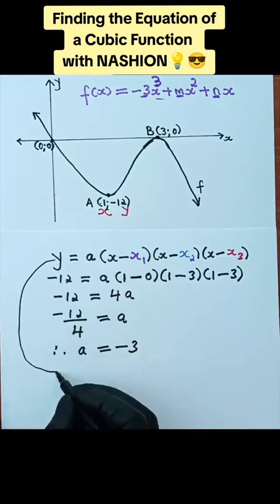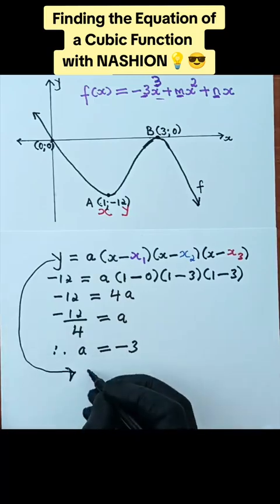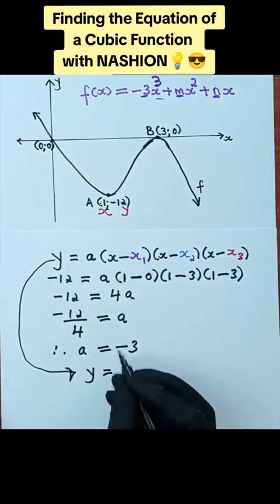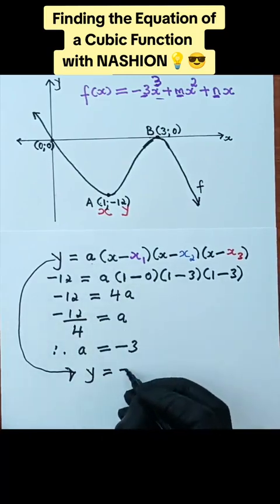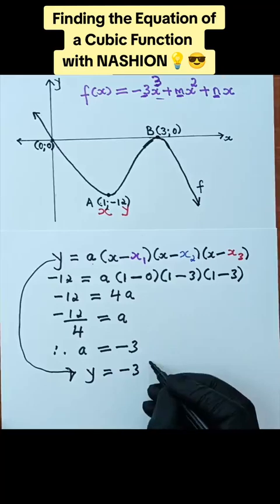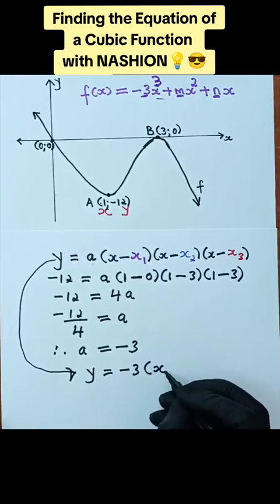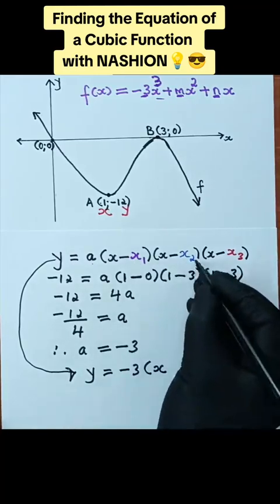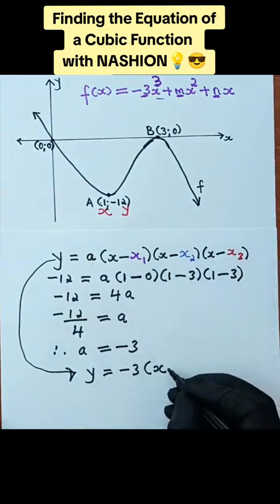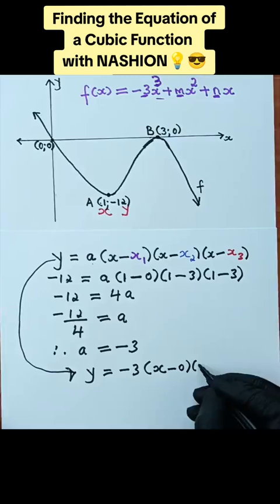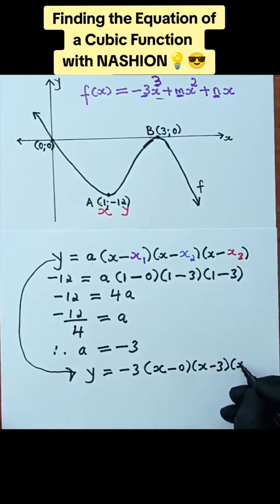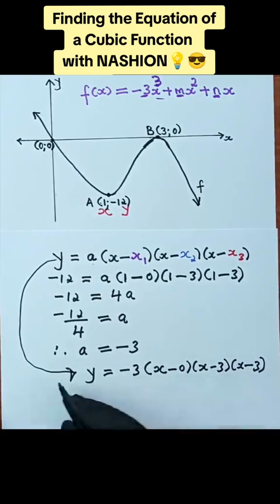Now let's land this plane. So we're going to substitute the value of a, which is negative 3. Not forgetting all the x-intercepts, the x values, 0, and the rest. Then after that, we remove the brackets.